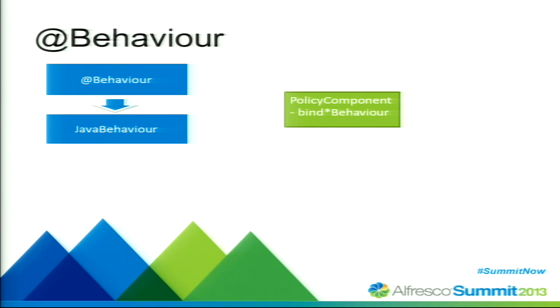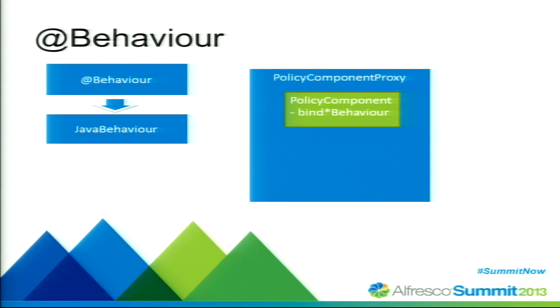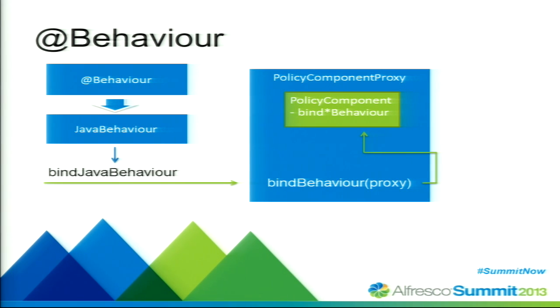First step by the framework is converting our annotated classes, wrapping them in Java behaviors, and then wrapping the policy component with a facade that whenever we bind Java behavior, instead of directly binding and passing on our behavior into Alfresco, again, we create a proxy, meaning if we uninstall our extension, we can simply open up the proxy and say, cut off the link with the actual implementation.